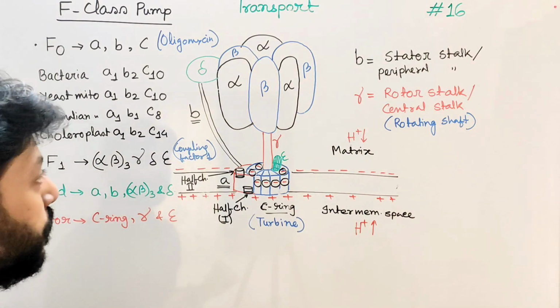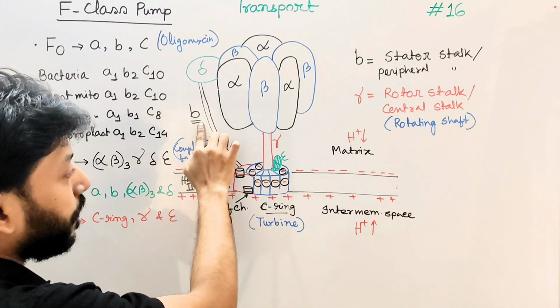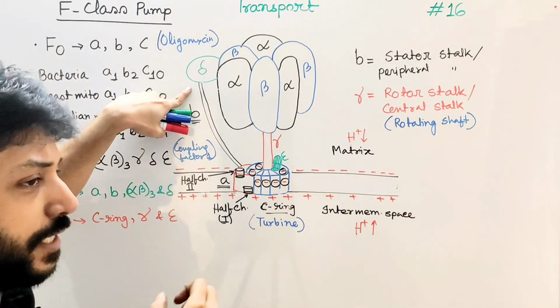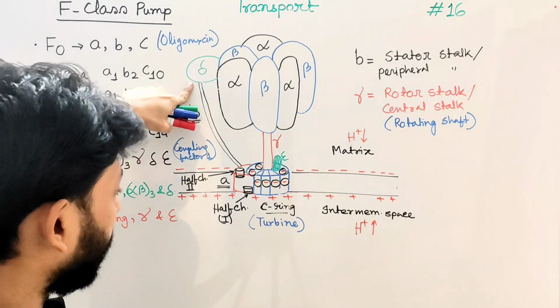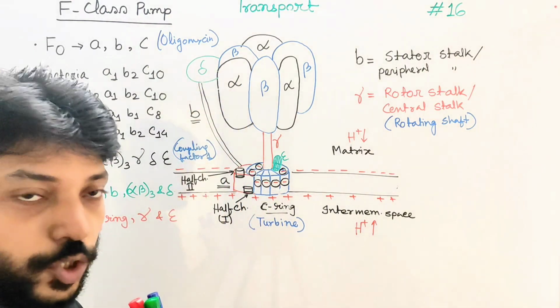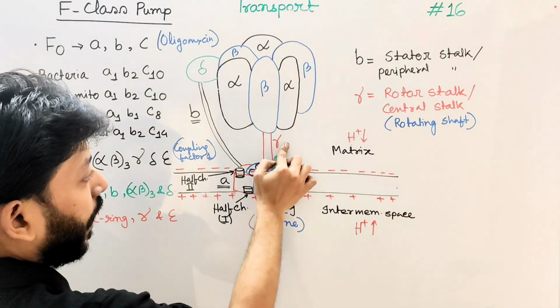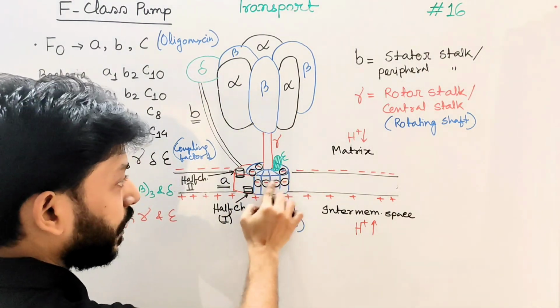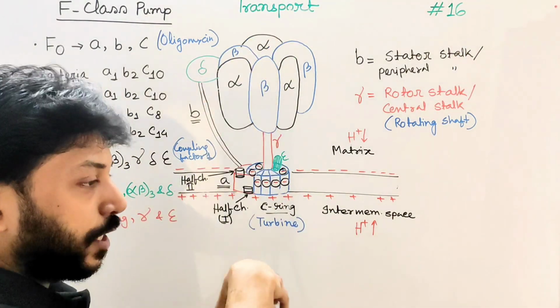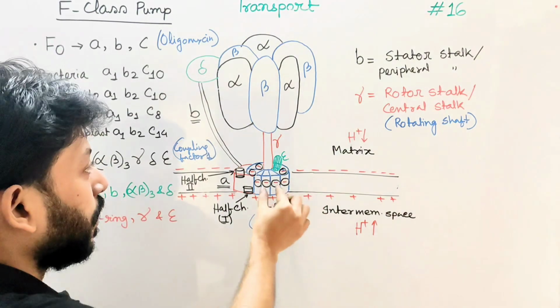Now I want to mention here that this B subunit of the FO makes a tight contact with the delta and A. Okay, they are very tightly joined. The gamma and epsilon with the C ring, they tightly join. And this hexamer is actually positioned at the top of this gamma rod.